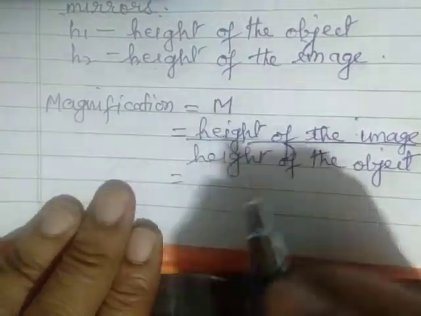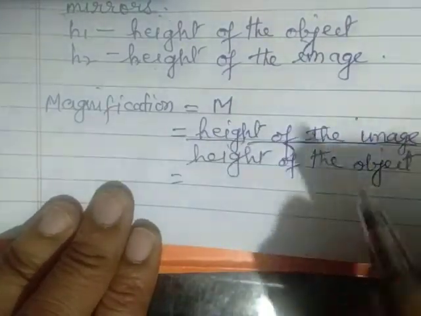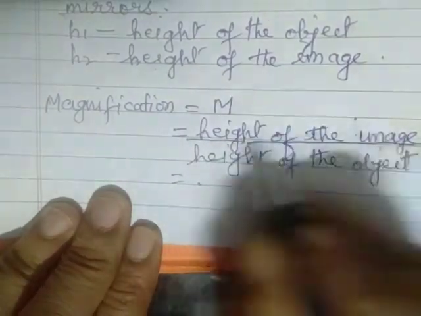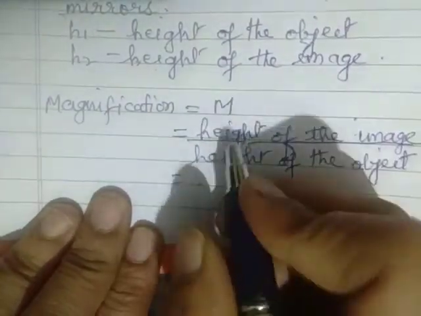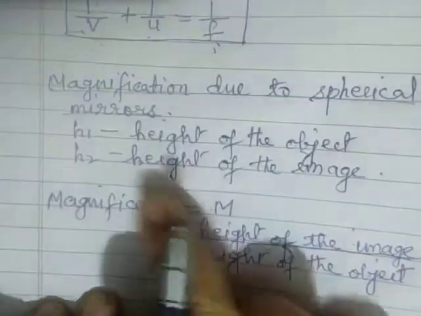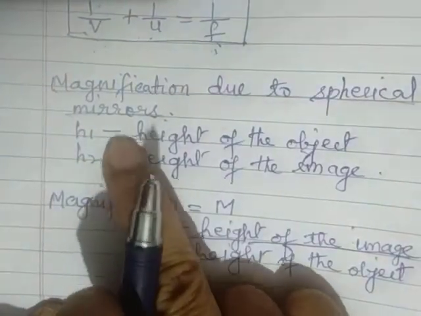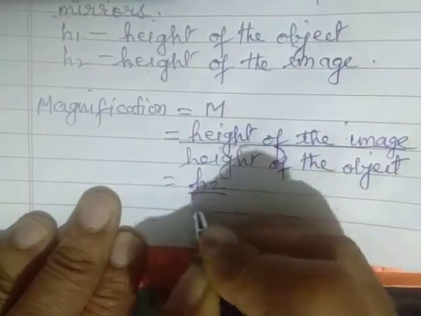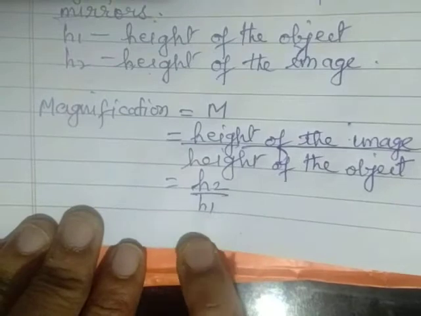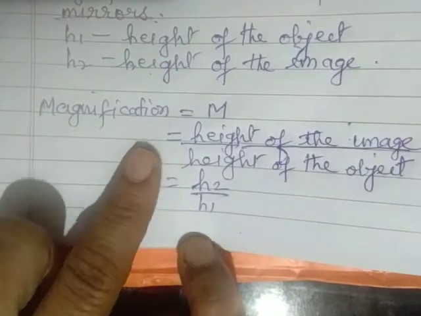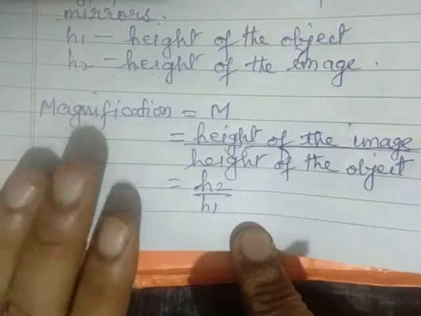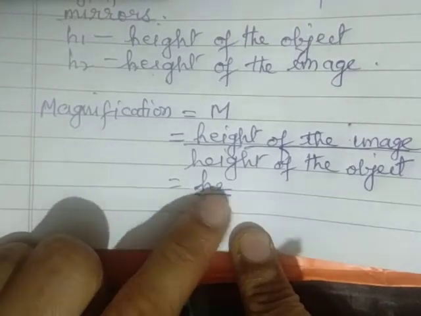Instead of doing the experiment all the time, when the numbers are given, by using this formula we can easily find out. So let us substitute: the height of the image is given by the symbol h2, and the height of the object is given by h1. So h2 upon h1 is the formula for finding the magnification of a spherical mirror.